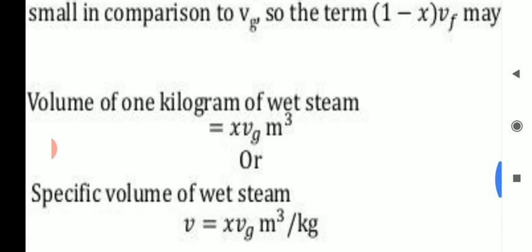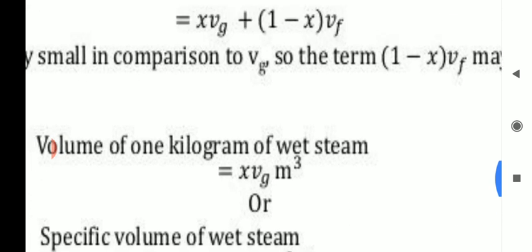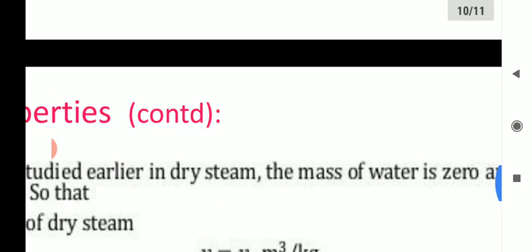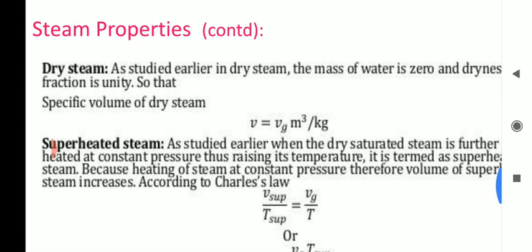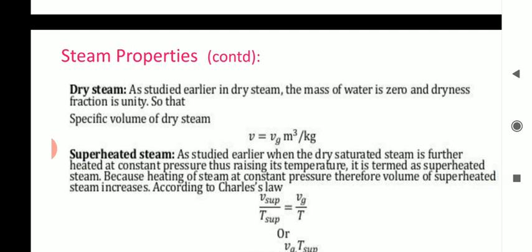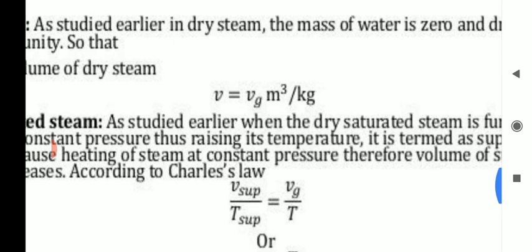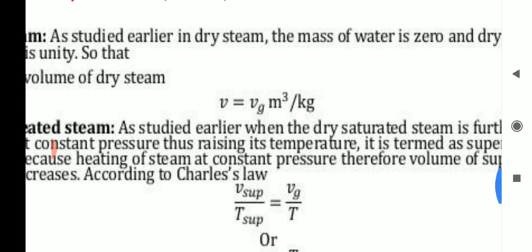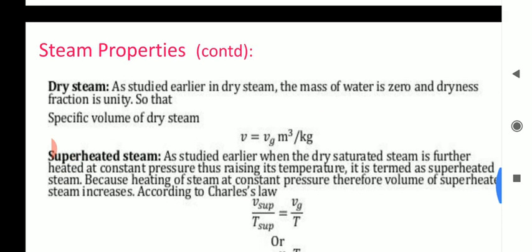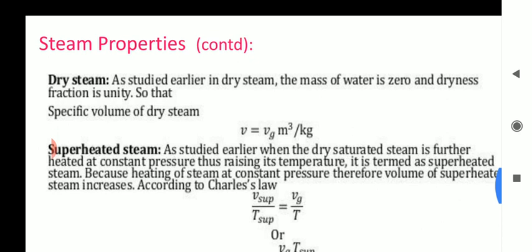So it is a fraction of the specific volume of dry saturated steam. Then for the dry steam, the specific volume is given by V is equal to Vg. That is the notation Vg for the specific volume of dry steam, the volume per unit mass of the dry steam.